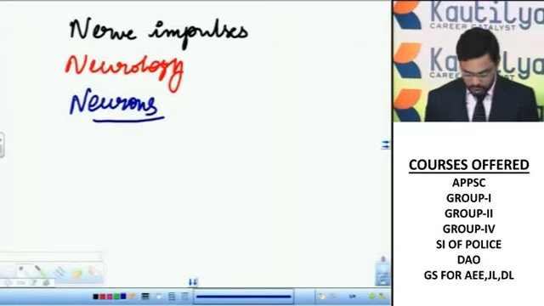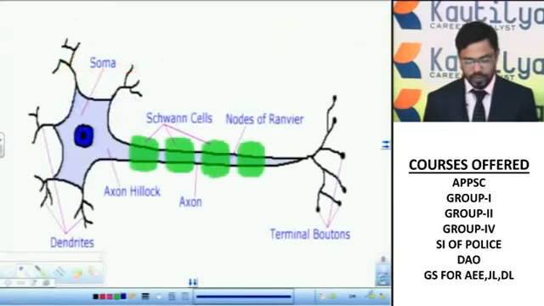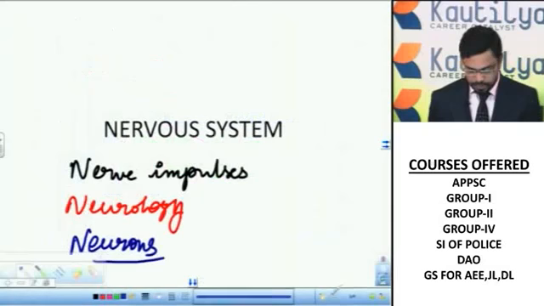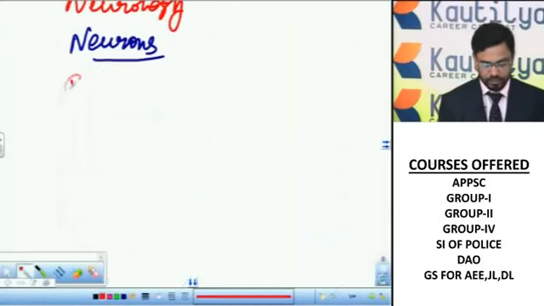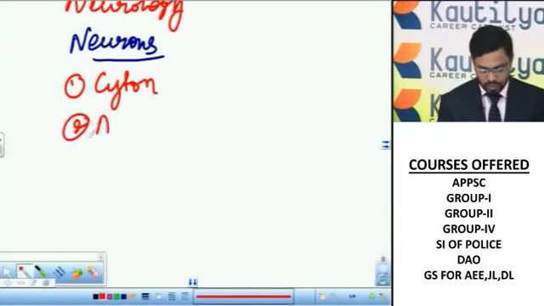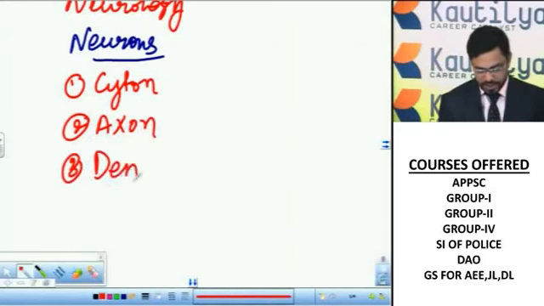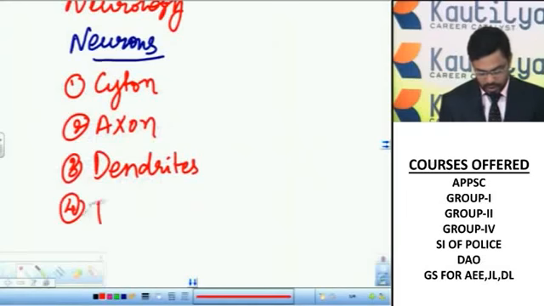If you observe the structure of these neurons, the neuron contains cyton, axon, dendrites and teledendrites.